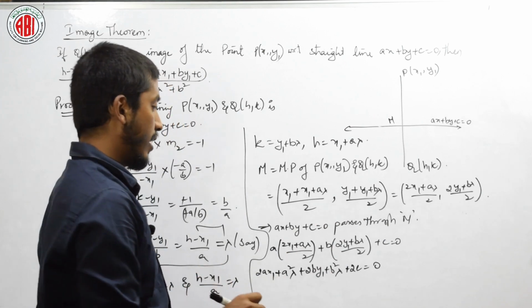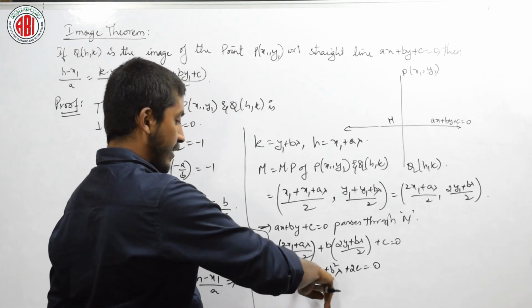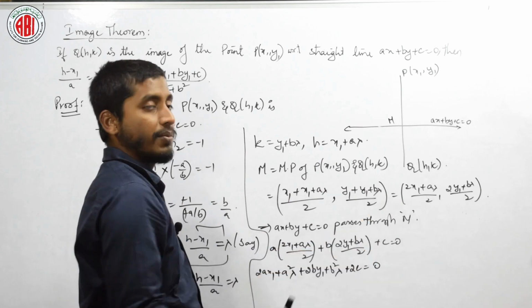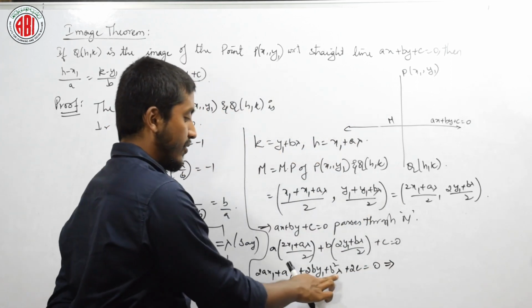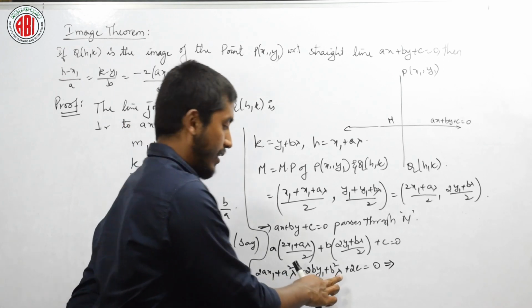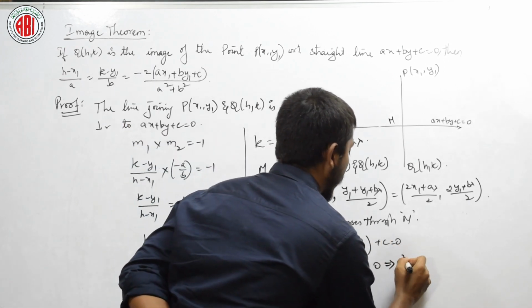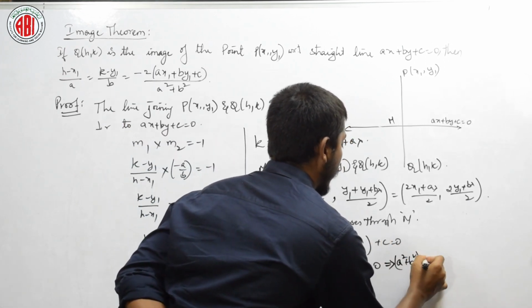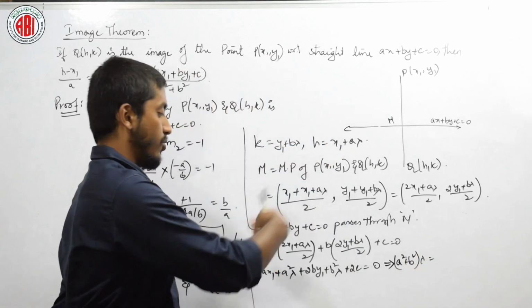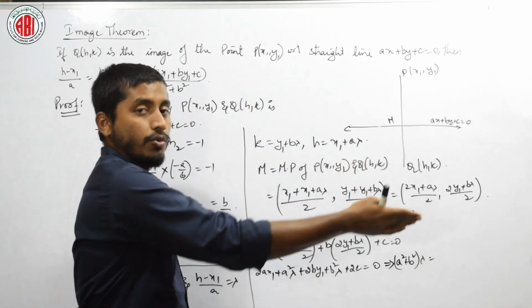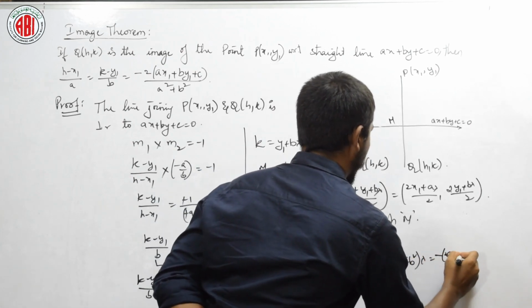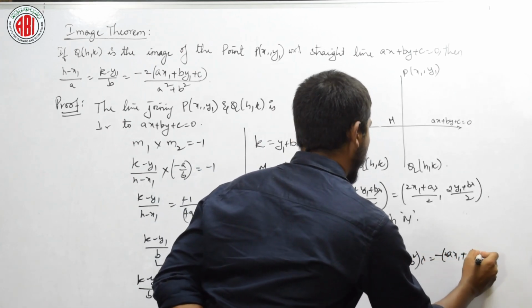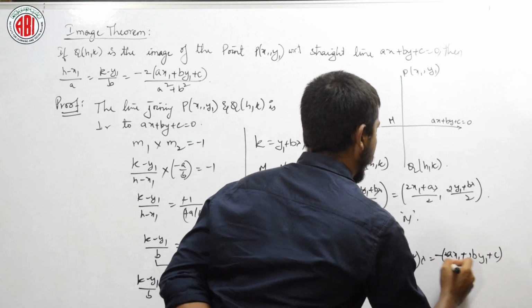Is it clear? Now, we will take the lambda on the left hand side and we will send all the remaining terms to the right hand side. Here we get lambda is common for a square and b square, that is (a square plus b square) into lambda is equal to, we will send this 2ax1, 2by1 and 2c to the right hand side, that is minus of (2ax1 plus 2by1 plus 2c), right.